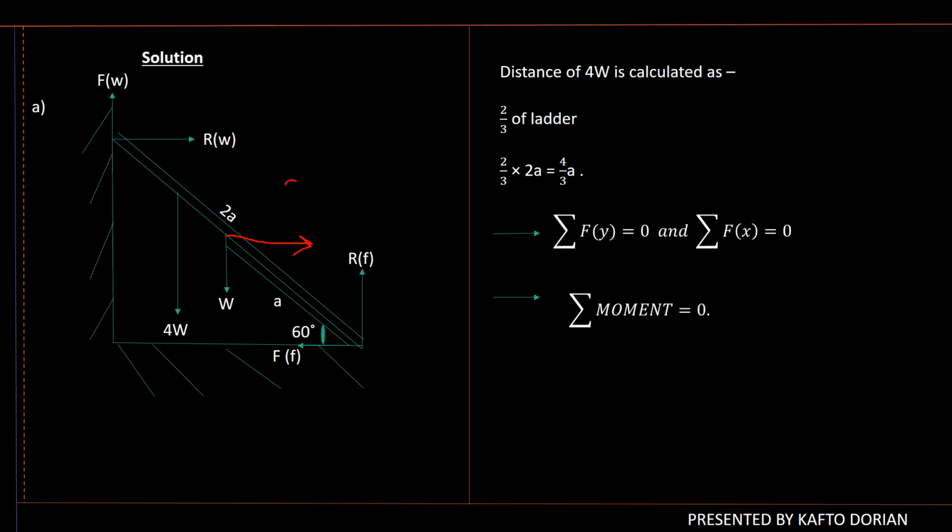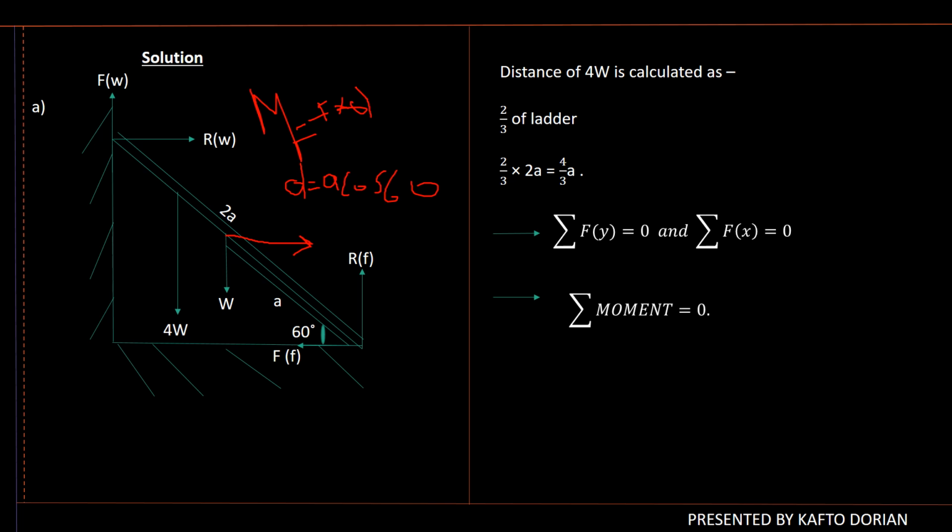So my perpendicular distance d will be equal to a, which is the distance from the weight of the ladder to the ground, times the trigonometric function, since it's acting horizontally, which is cos 60 degrees. Now I have the distance, and moment is equal to the force times the perpendicular distance. So the force here is W, so I have W times a cos 60 degrees, as you are seeing from above there.